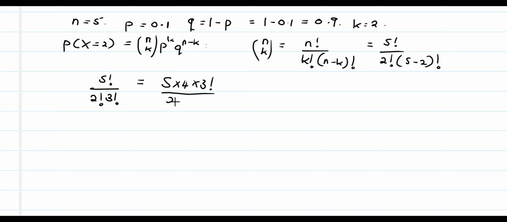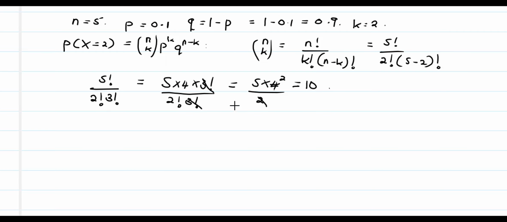So I say 2 factorial like this, then again 3 factorial like that. So this goes with this, and then I say 5 by 4, however, 2 factorial is just 2 by 1, which is 2. So this 2 goes with this and remains 2. So 5 by 2 is 10. So this part here is sorted. We know it's 10.